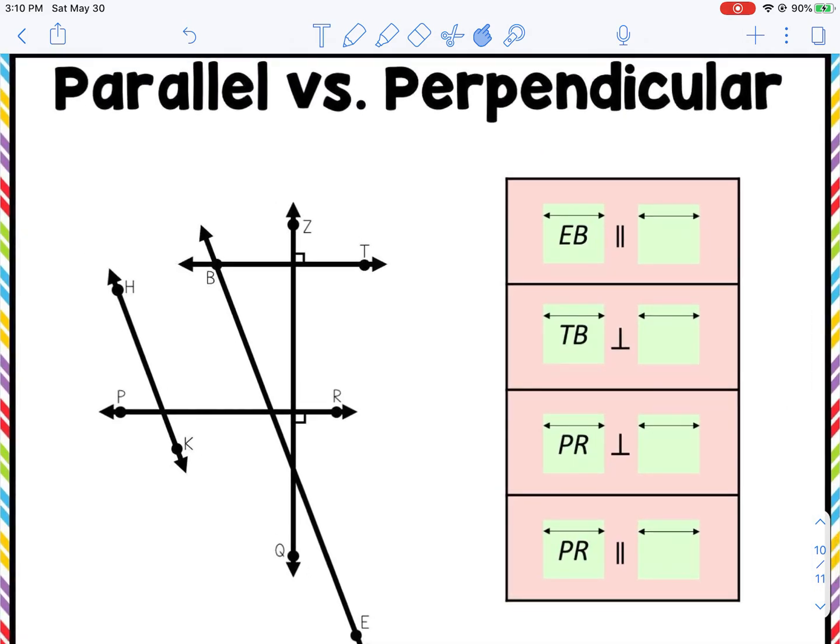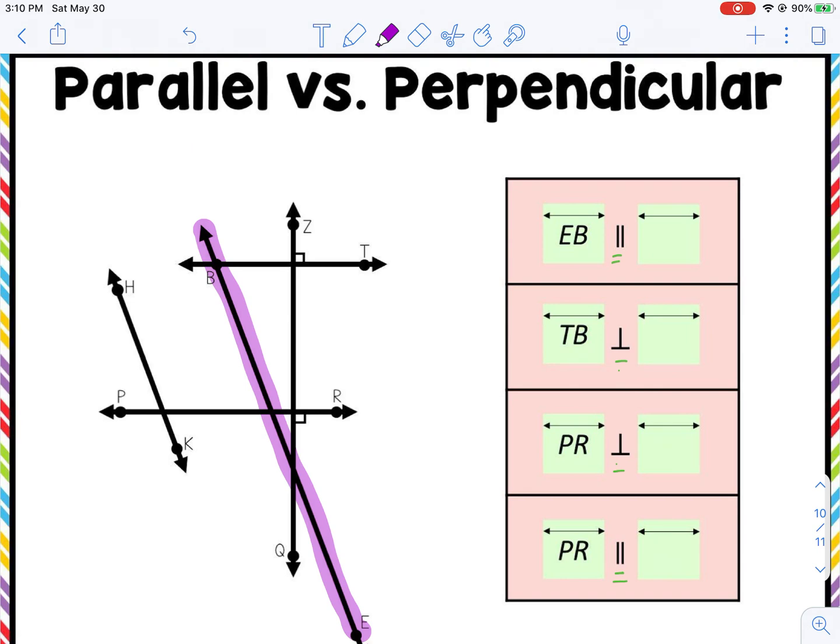Okay, so then here, when we identify these, you're going to be able to write parallel versus perpendicular. So here we see the symbol, and this means parallel. This means perpendicular because it's got a right angle, and this means parallel. So we're looking at line EB, and line EB is this one right here.